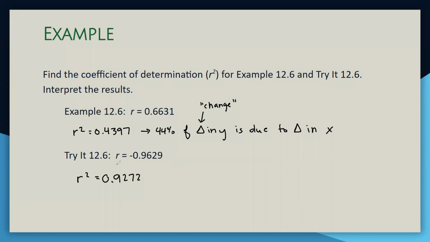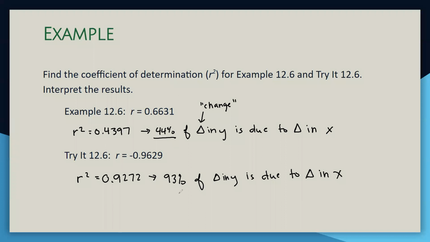Whereas for that second example, we had a really strong linear relationship, 0.9629. And in that case, almost 93% of the change in Y is due to a change in X. Meaning 7% is not due to changes in X, it's due to something else.